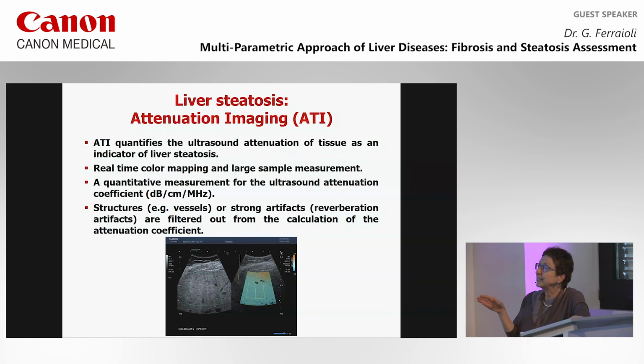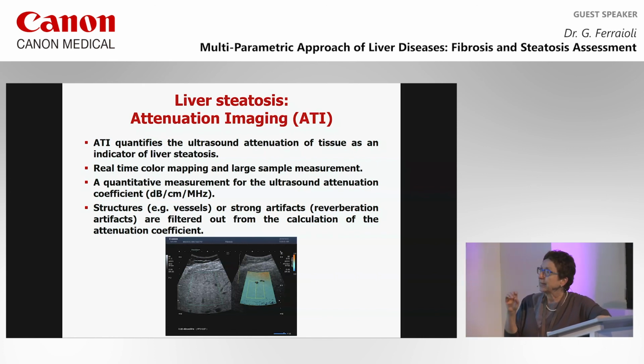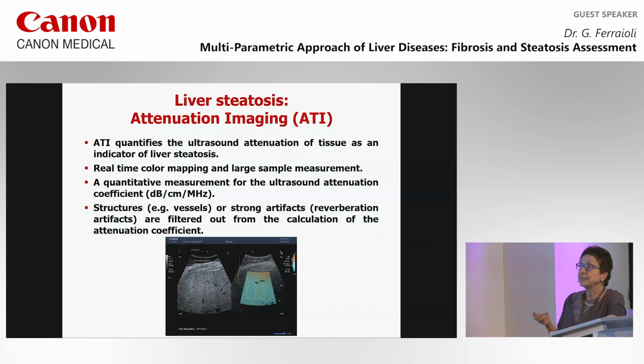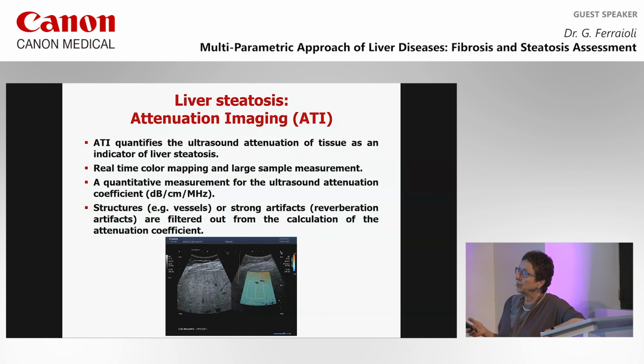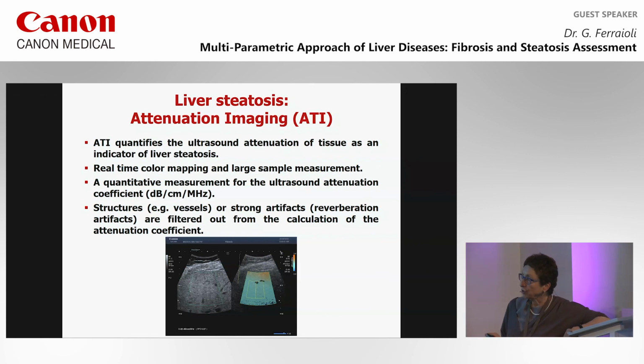And the system automatically filters structures like the vessels or strong artifacts. They are not included in the calculation of the attenuation coefficient. So if we have some vessels inside the sample box, it is not a problem.